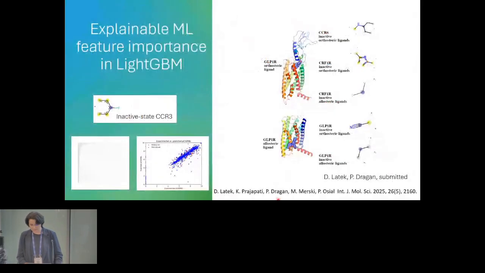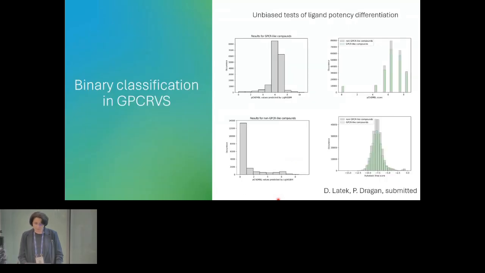In addition to activity and binding affinity prediction, we can find structural fragments or scaffold fragments that are the most crucial to the ligand activity. Finally, GPCRVS can distinguish between active GPCR-like compounds and inactive compounds. As you see here, to accurately predict if a compound is GPCR-like or not, machine learning should be used rather than molecular docking.